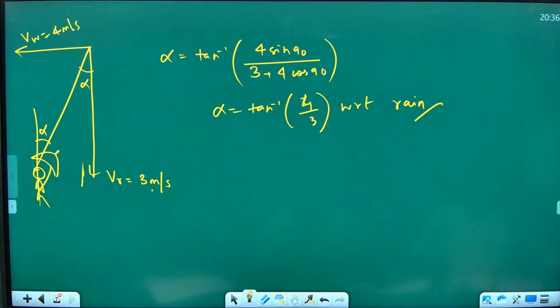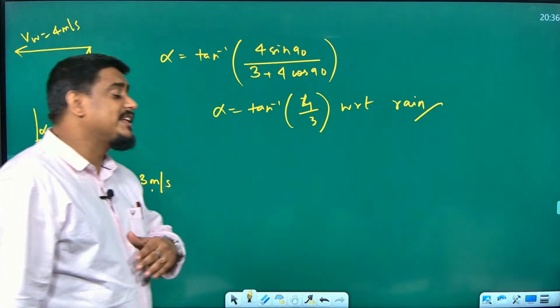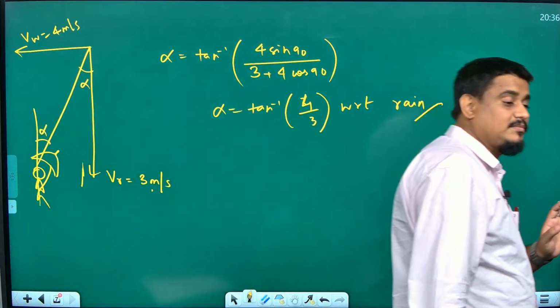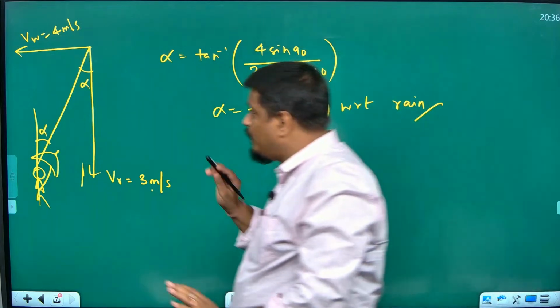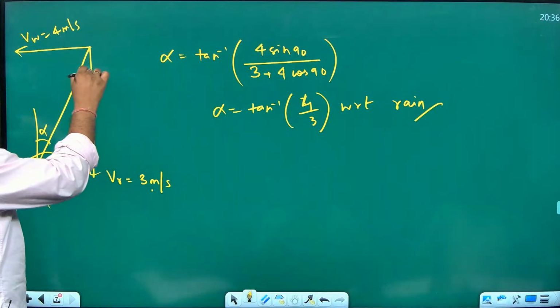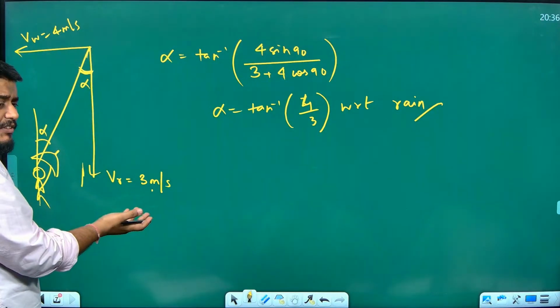But if somebody is writing tan inverse of 3 by 4 with respect to wind, they are also right. If you have any problem in what I am telling now, feel free to stop and ask me. Please, Lalit Ramna. I said, man, if you are finding alpha, whichever side you are finding it with, that is the answer with respect to that.